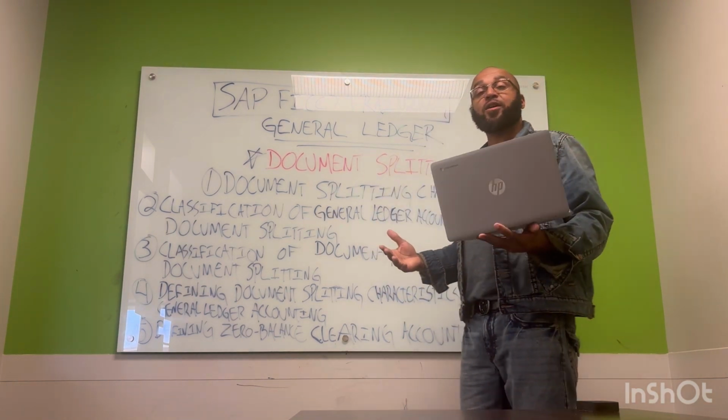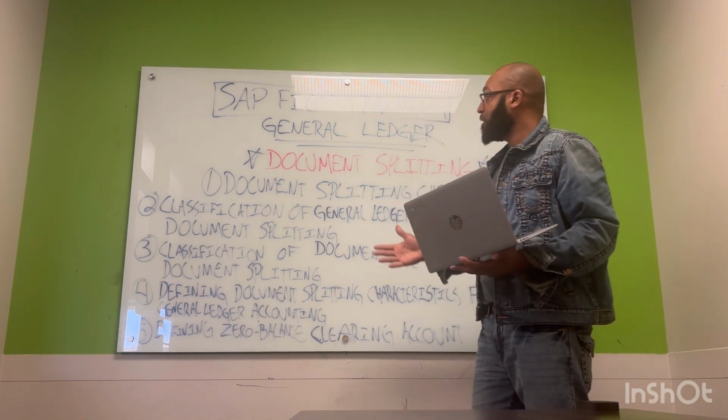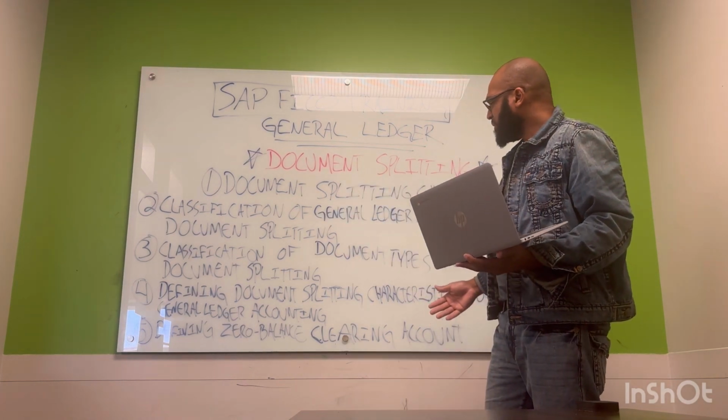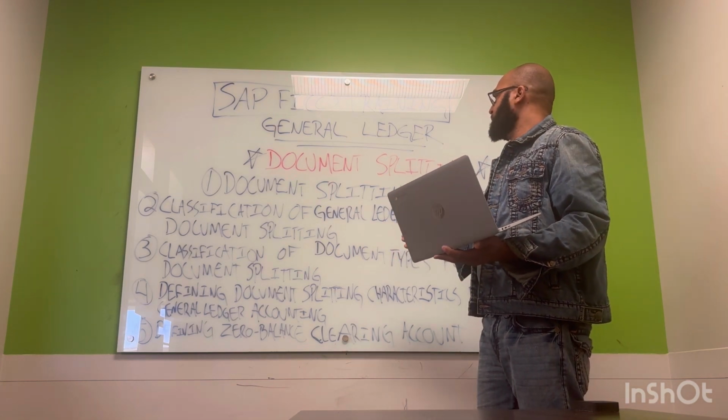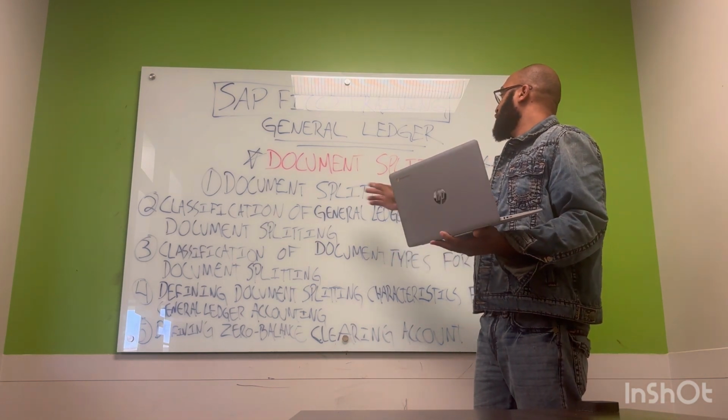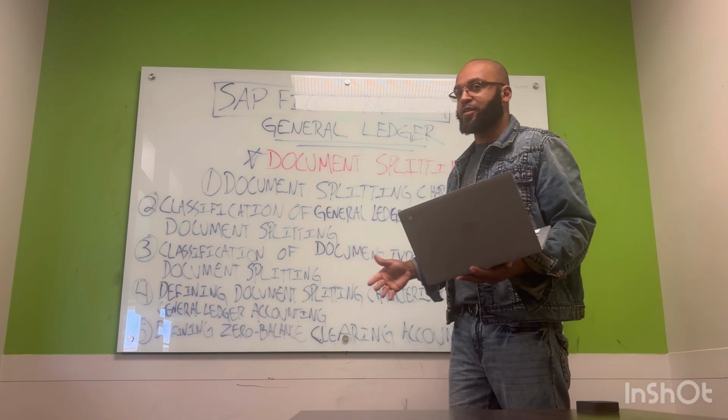The subtopics within document splitting are listed here. And it may seem like a lot, but it's kind of funny how this works, that the longer the description, the shorter the section is.